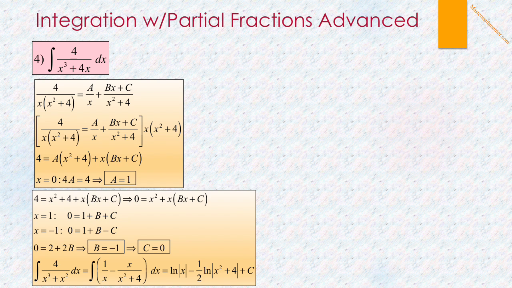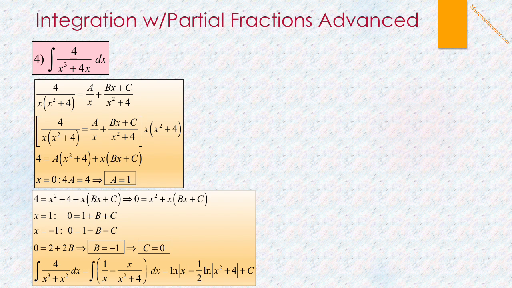At this point, we set up two values of x that will give us two equations involving B and C, and can therefore be solved for B and C. So we'll let x equal 1, and we get 0 = 1 + B + C. If x equals -1, then 0 = 1 + B - C. Adding the two equations together, we get 0 = 2 + 2B.